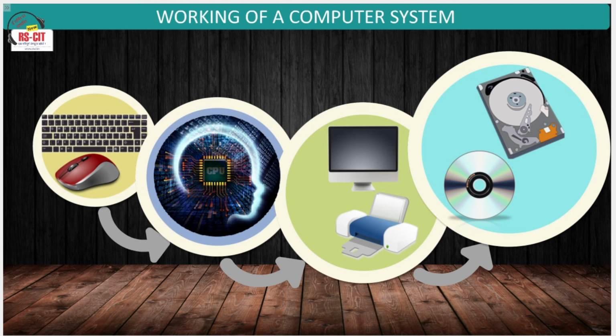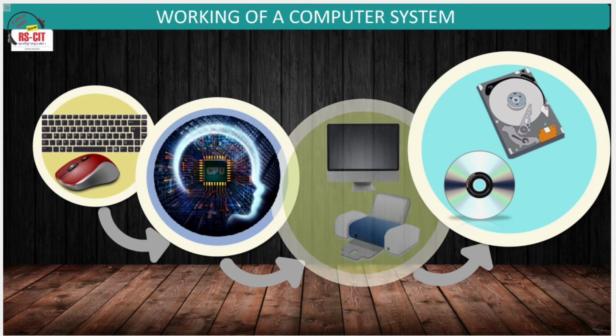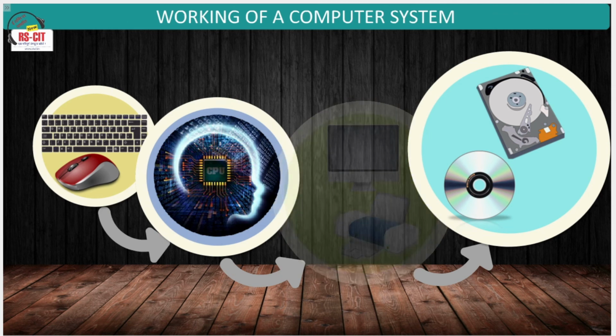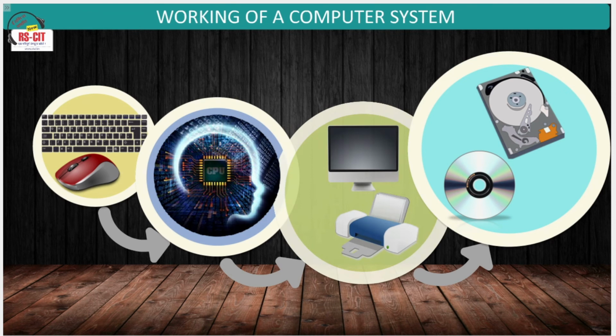Some common CPU examples are Intel i7, i5, i3, dual-core, Core 2 Duo, Pentium 2, Pentium 3, Pentium 4, Intel Celeron, and AMD Athlon. Output devices are any hardware components that convey information to one or more people.